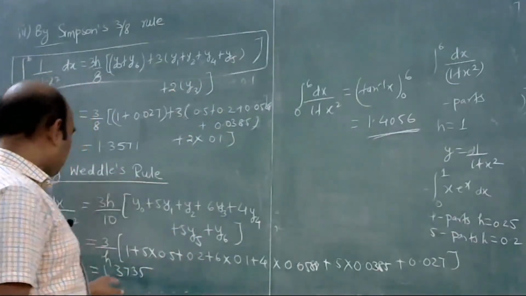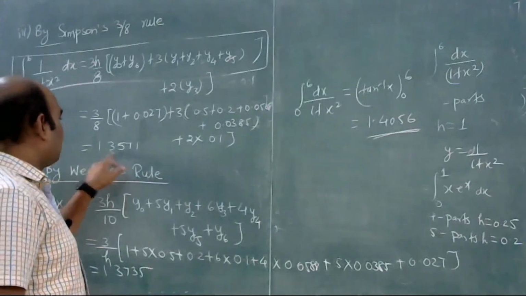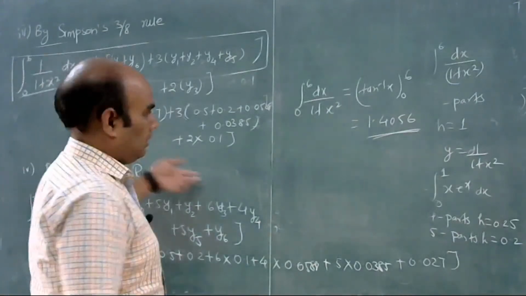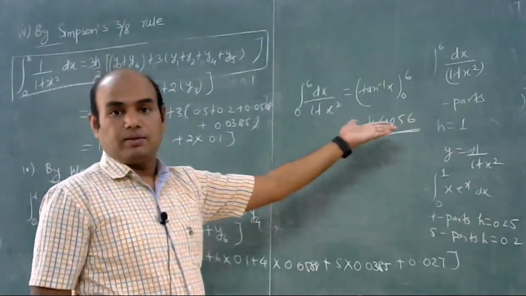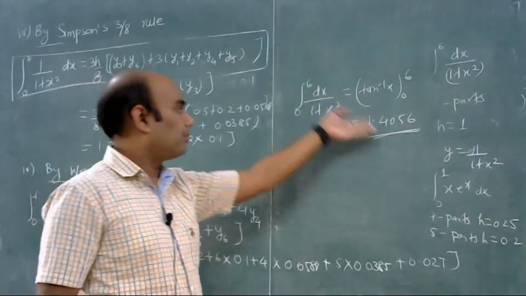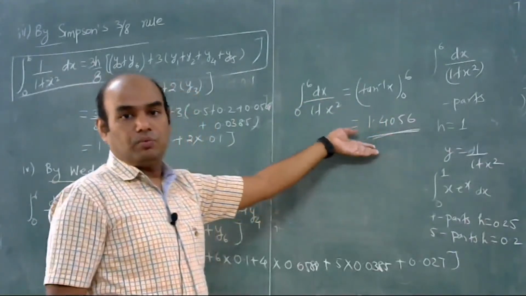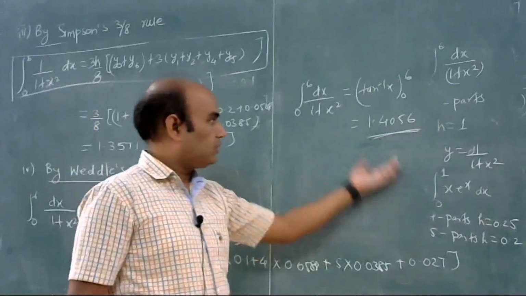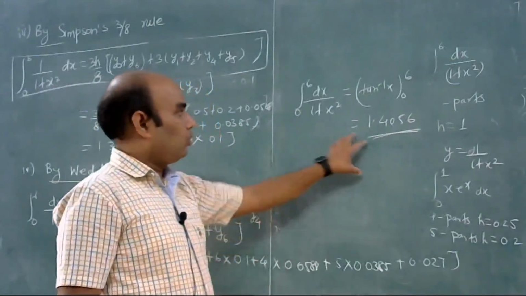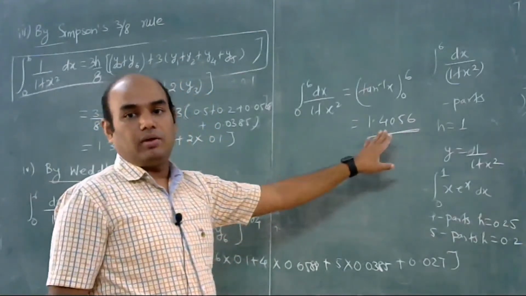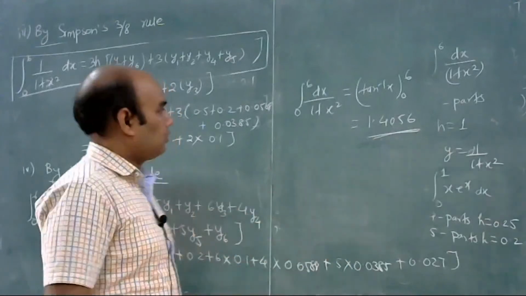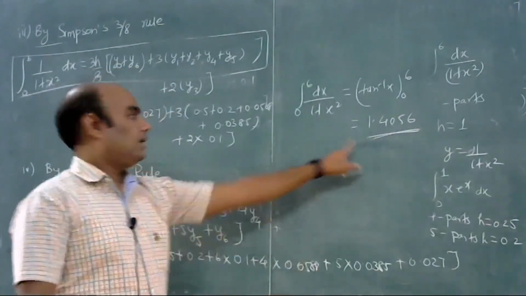So this is 1.378, this is 1.35, and this is 1.418. In trapezoidal we are getting more than the correct value. If you take more parts, you will come closer to the correct, accurate value. So you can see the error.